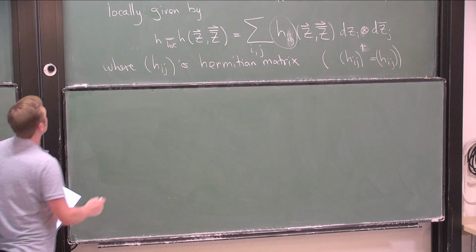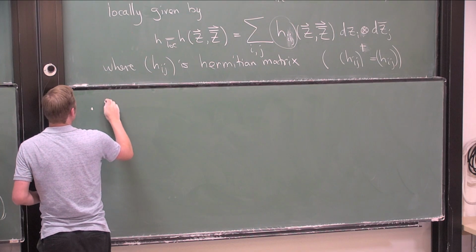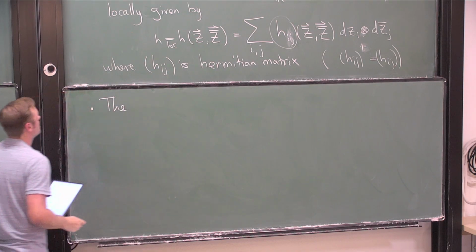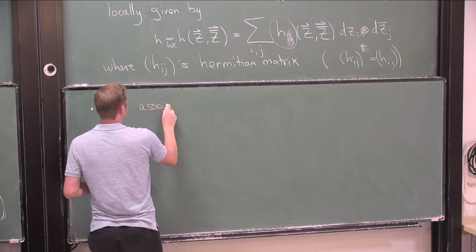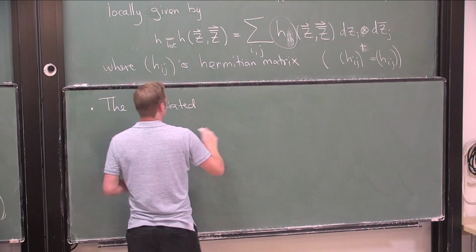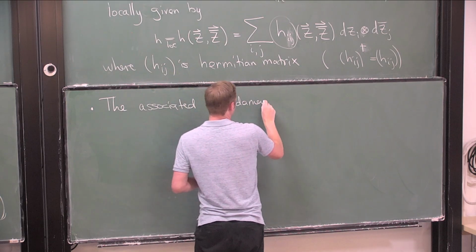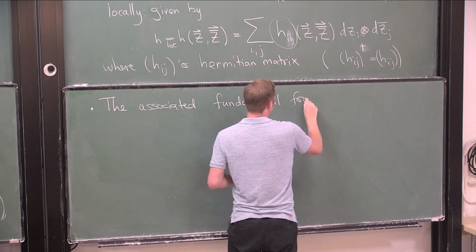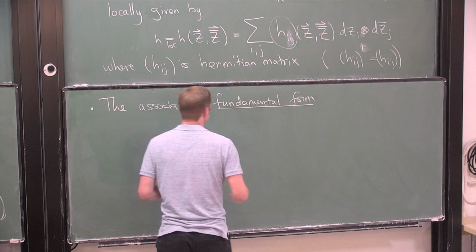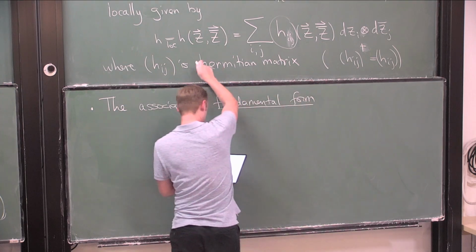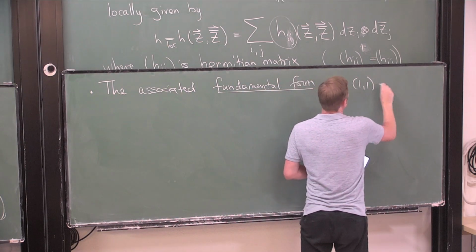So whenever you have a Hermitian metric, there's an associated differential form, called the fundamental form. This is a (1,1) form.